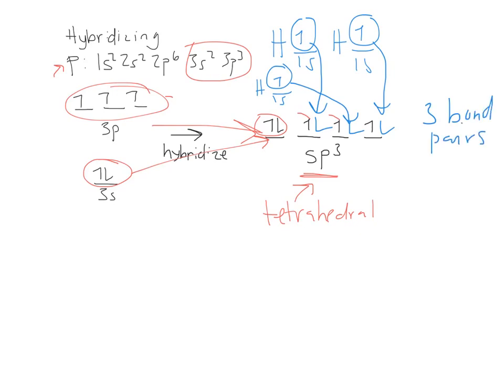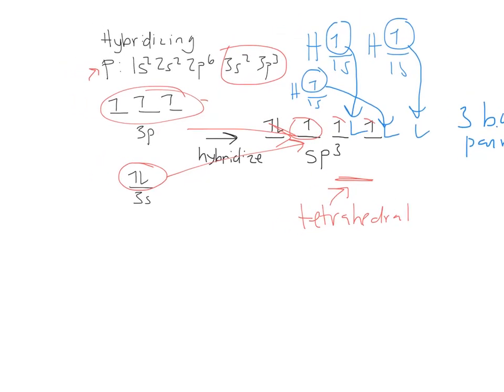And then we see, let's give a different color here, we see that we have that 1 lone pair right here. And that 1 lone pair is going to give us that repulsion to give us that trigonal pyramidal shape.